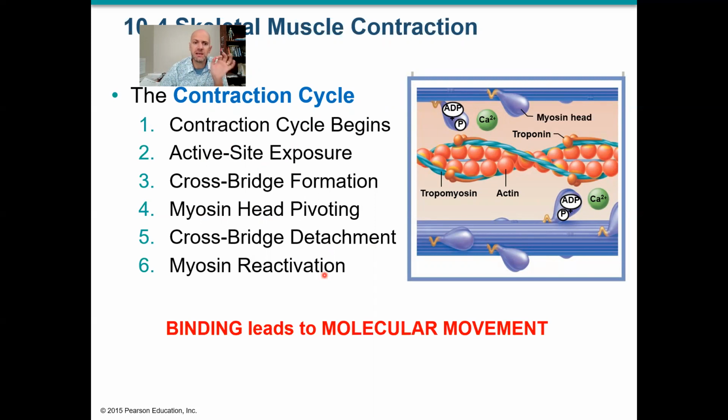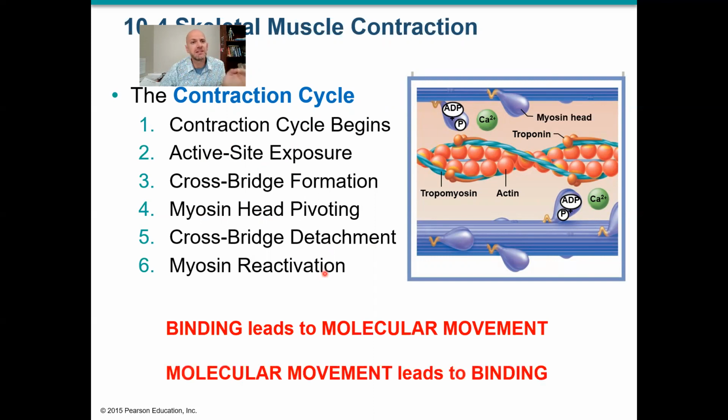One of them is that binding leads to molecular movement. And the other one is that molecular movement leads to binding. This creates a cycle. I will highlight how this is important, but these are molecular principles about how movement and binding are related to each other, and the sequence is dependent on these principles.